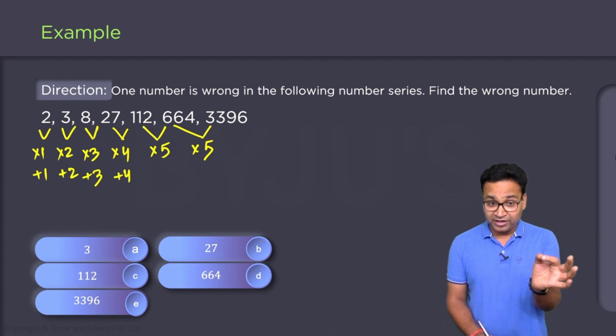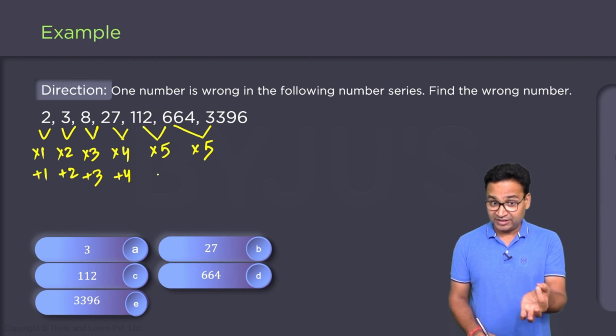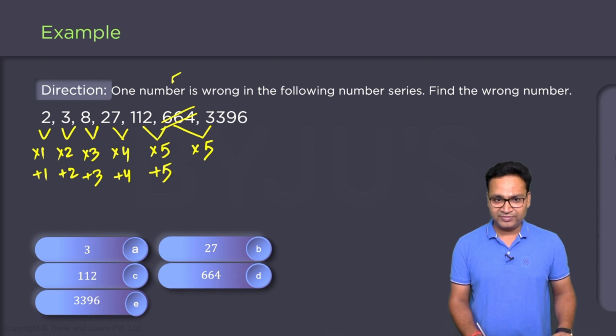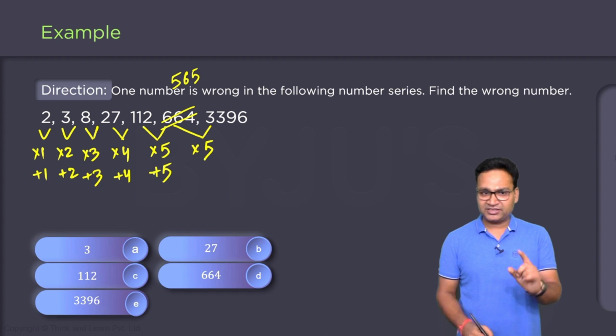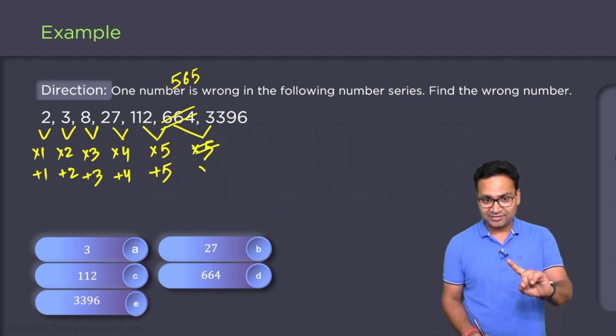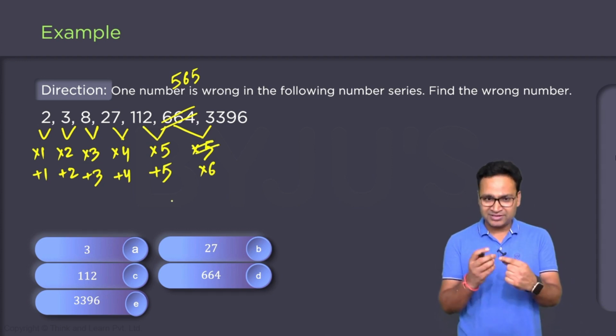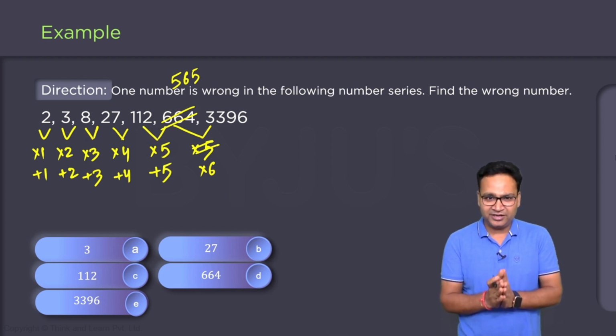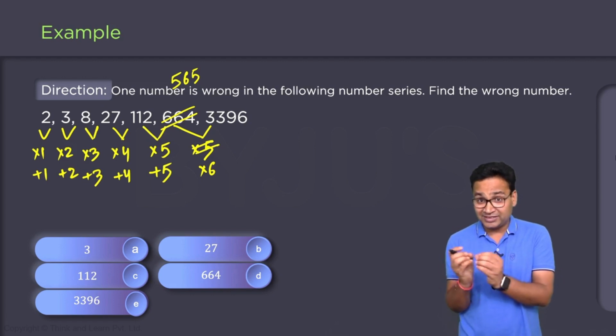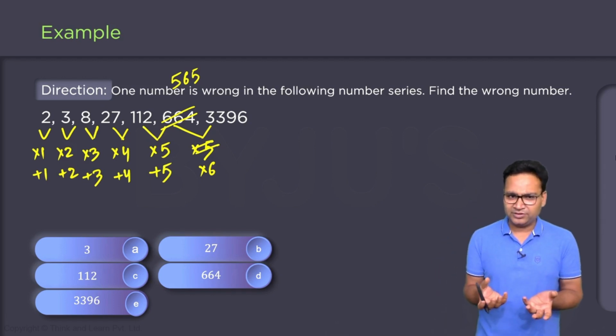Now 112 into 5, it is 560. 560 plus 5. So this number should have been 565. And if you multiply 565 with 6, now everything is fine, because 5 into 6, 30. So I can very easily do it.